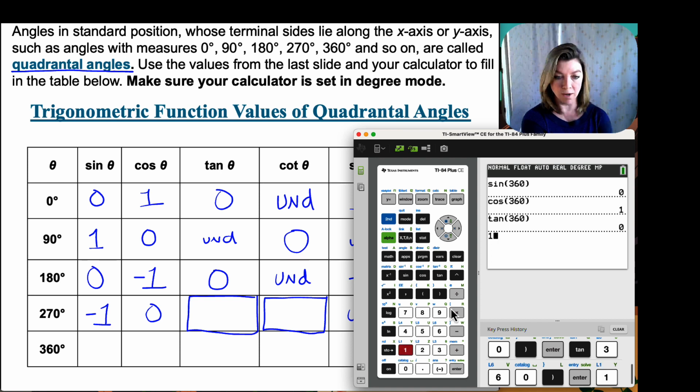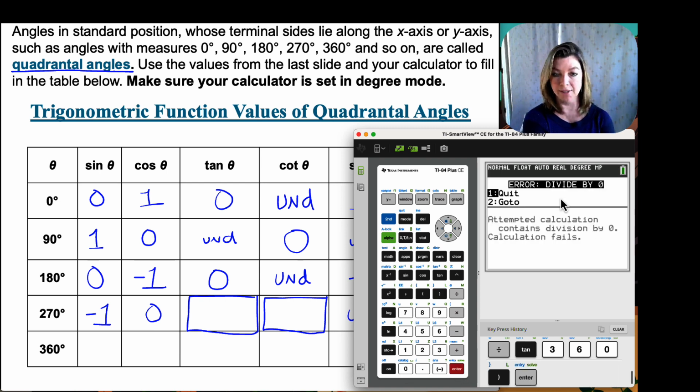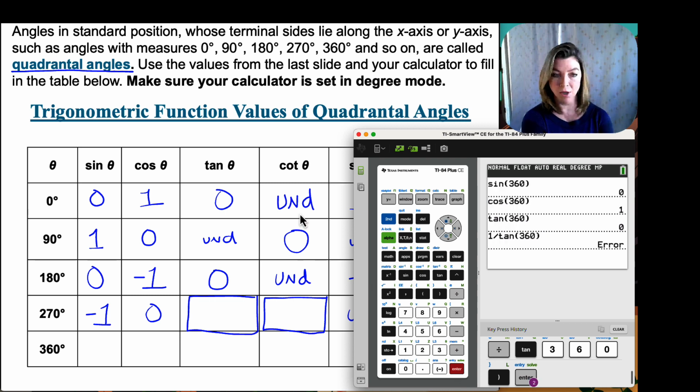So we'll do 1 divided by tangent of 360 to get our cotangent value. And sure enough, it says dividing by 0, so undefined, so that matches. 2 more, we need secant, so 1 divided by cosine.